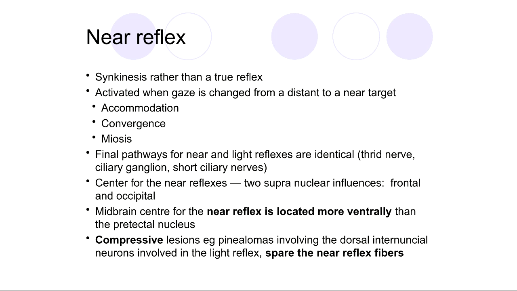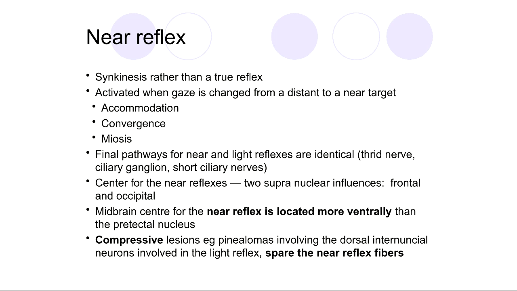The centers for the near reflex are in the frontal and occipital lobes. The midbrain is the center for the near reflex. In the midbrain, the center for the near reflex is located more ventrally than the pretectal nucleus. Thus, compressive lesions involving the dorsal internuclear neurons are involved in the light reflex, but they spare the near reflex.